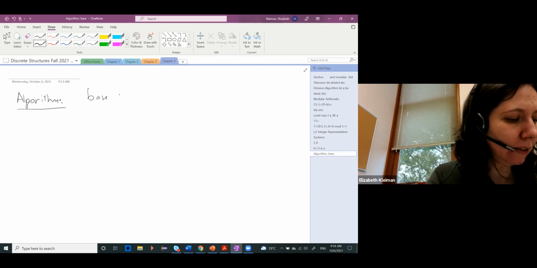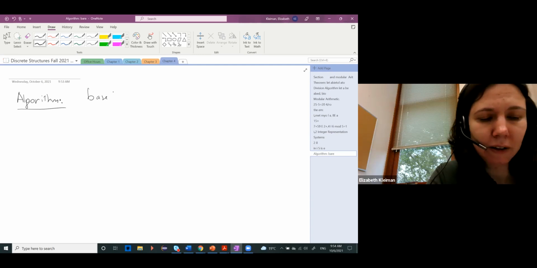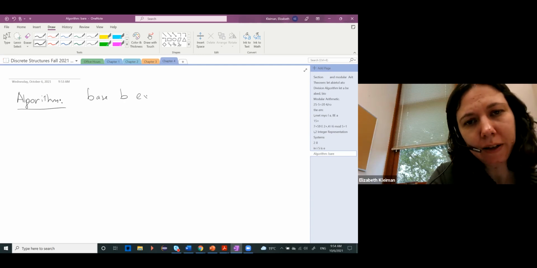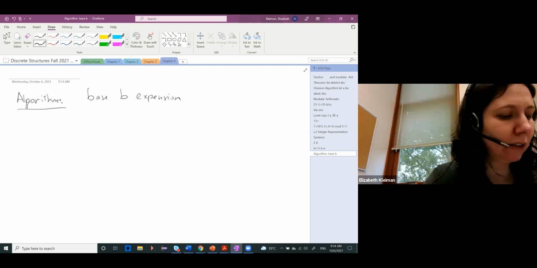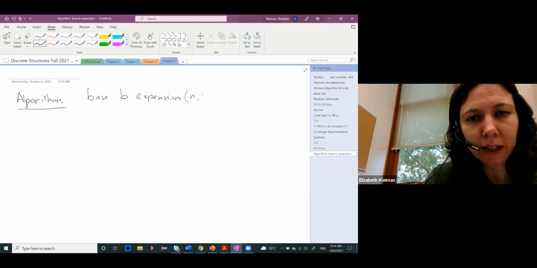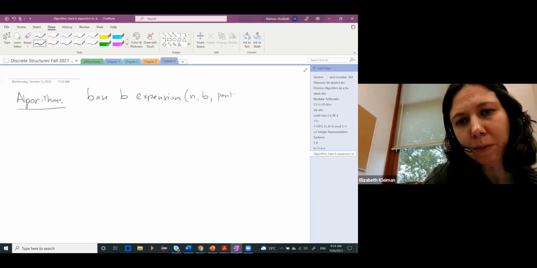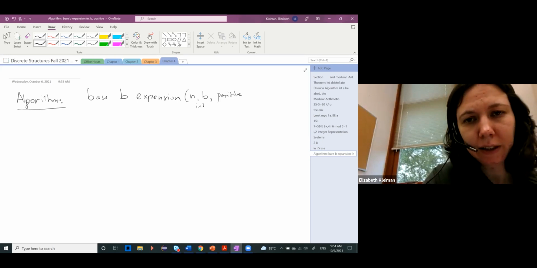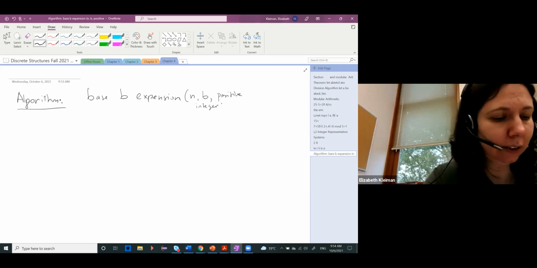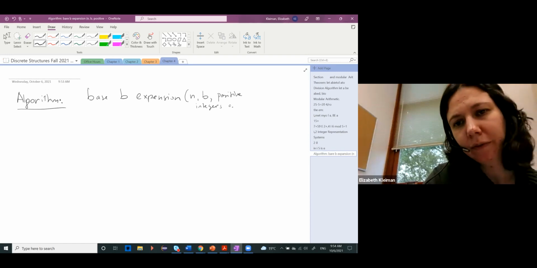Base b expansion, with n and b positive integers and b bigger than 1.